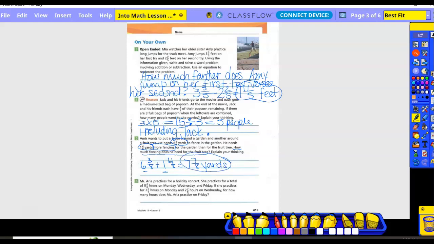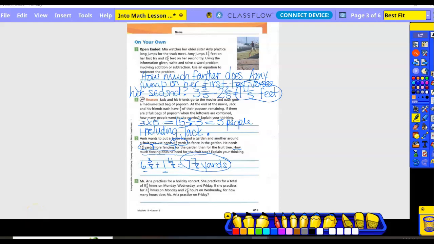Miss Maria practices for a holiday concert. She practices for a total of 8 6/8 hours on Monday, Wednesday, and Friday. If she practices for 3 2/8 hours on Monday and 2 7/8 hours on Wednesday, for how many hours does Miss Maria practice on Friday?